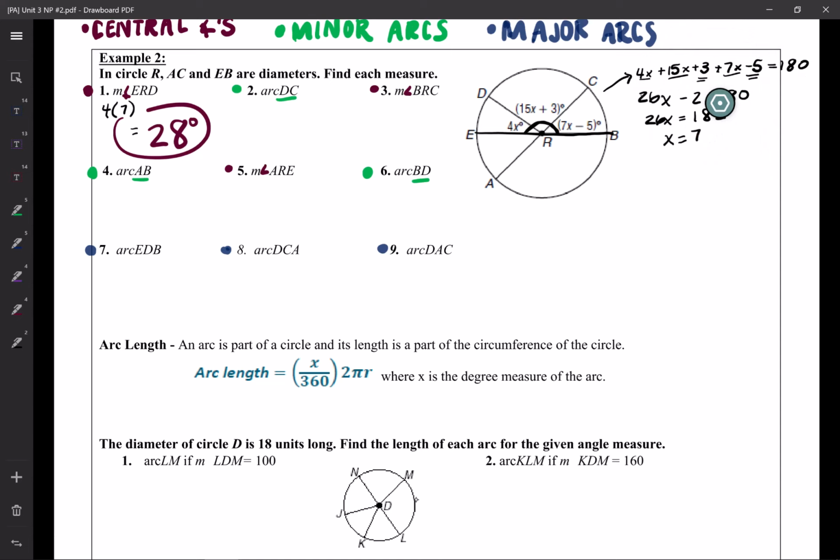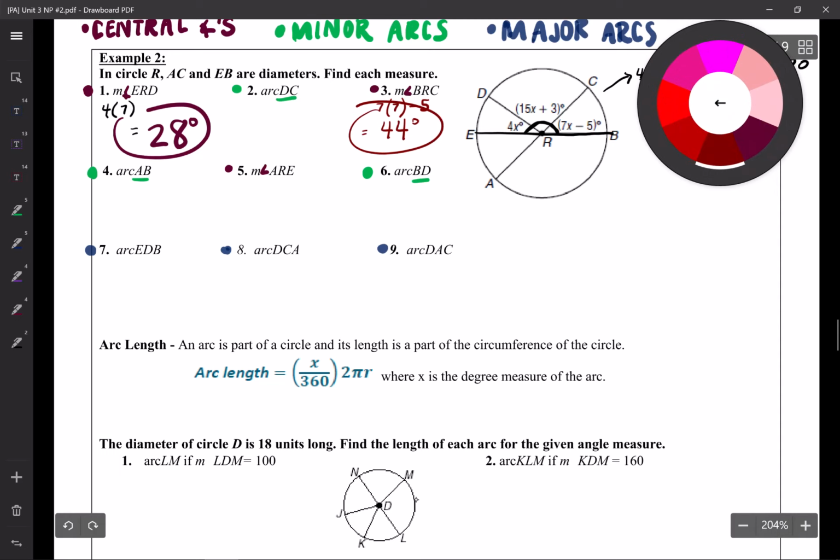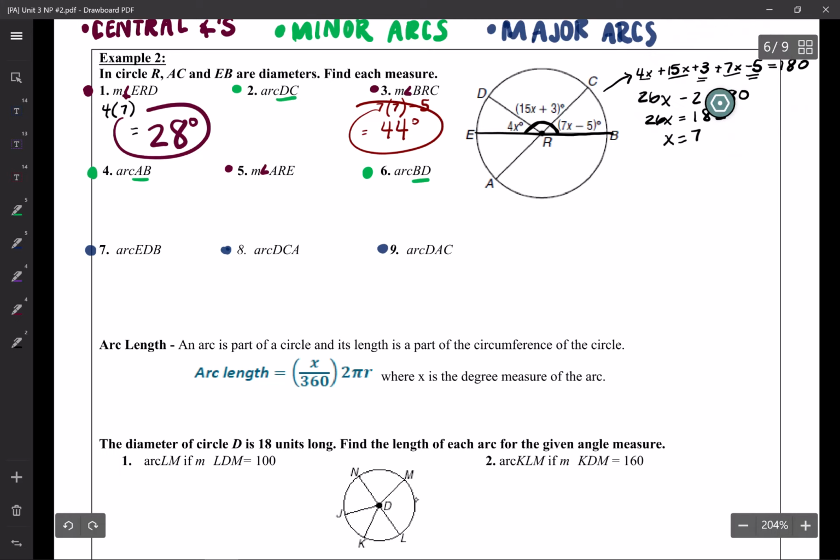Angle BRC, that's just 7 times 7 minus 5. And that should be 44 degrees.